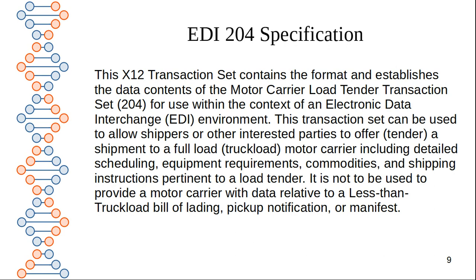This transaction set can be used to allow a shipper or other interested parties to offer a tender shipment to a full truckload motor carrier, including details, scheduling, equipment requirements, commodities and shipping instructions pertinent to a load tender. It is not to be used to provide a motor carrier with the data relative to less than truckload bill of lading, packing, pickup notification, or manifest.